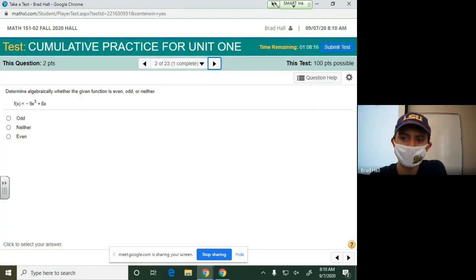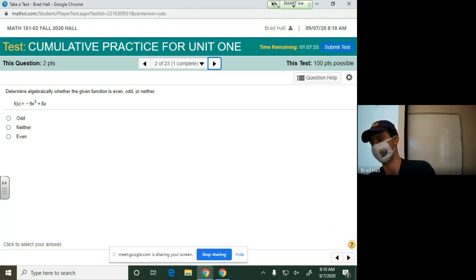Okay, so even, odd, or neither problem. I think this is a fair problem that could be on there. It's determine if a function is even, odd, or neither based off of using the criteria we talked about, or the pattern that some of you may have determined.